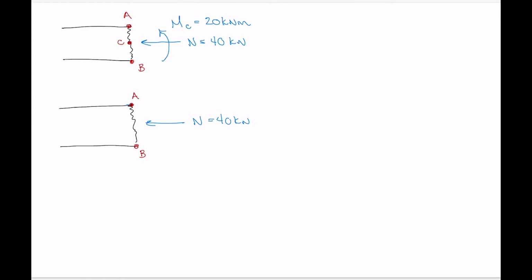So at point A, we've got a normal compressive stress, and at point B, we've got a normal compressive stress.